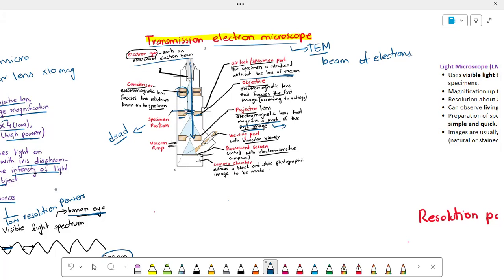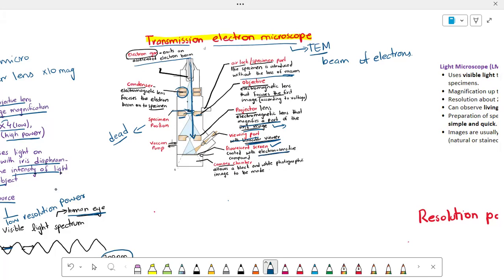So here is a viewing port with a binocular viewer. Below that, we have a fluorescent screen, and the image is projected onto a fluorescent screen or camera. Here, the electrons are converted into a visible image that scientists can observe.